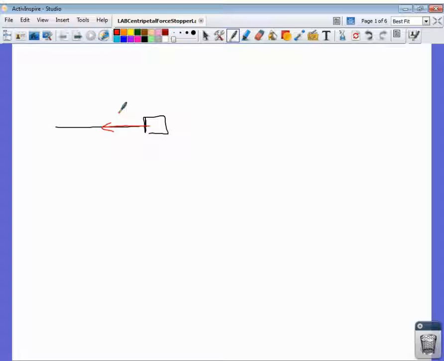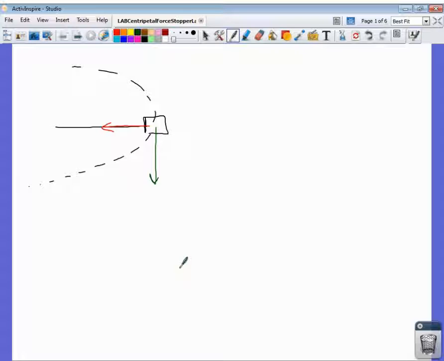That's a close-up of just the stopper. Does that make sense, everybody? And then it's moving around in a circle like that. It can't be horizontal because there's another force acting on this stopper. It has its own weight.